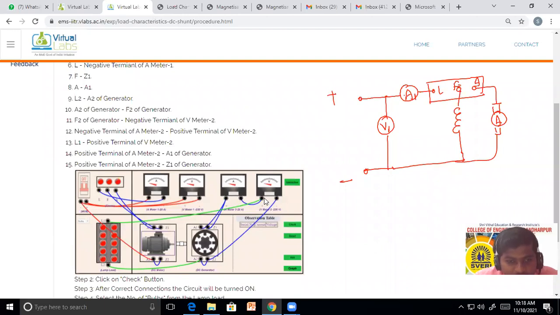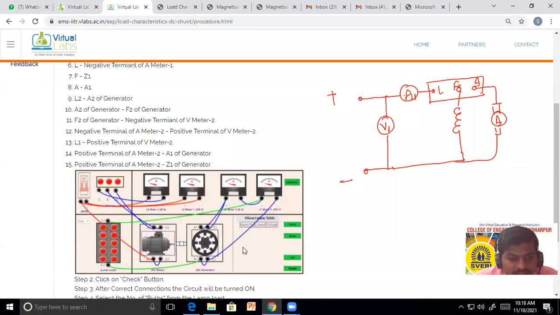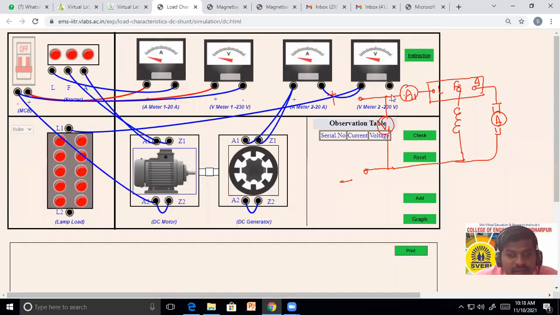The next terminal of that is connected to the load bank. Again these two are common. This terminal is connected to the load bank. Then the next terminal is connected here, then it is connected to the load.